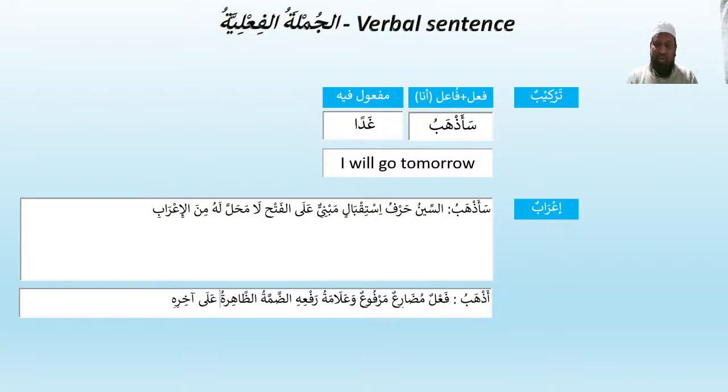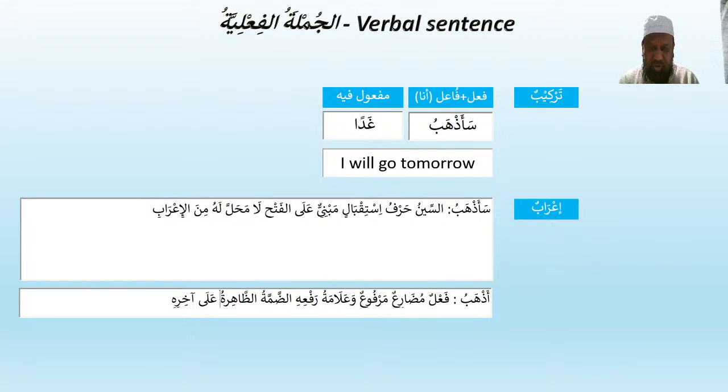And because it needs a fa'il, every sigha needs a fa'il. So do we see any ism in the sentence in marfu' case? No. We need to go back and see what type of sigha this is. This sigha is one of the five sighas that have damir mustatir.